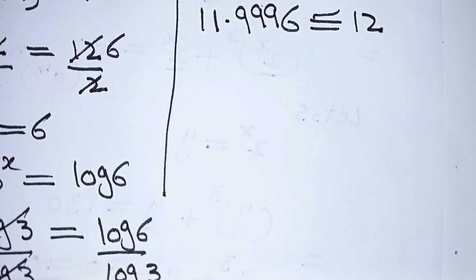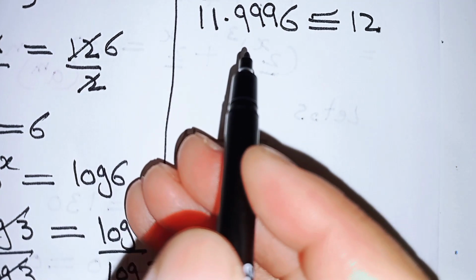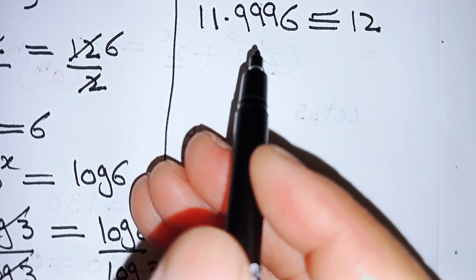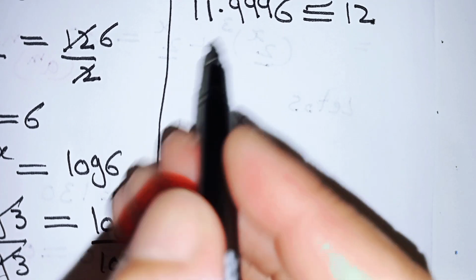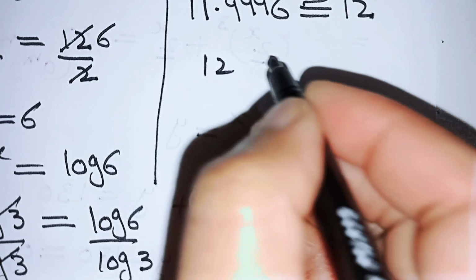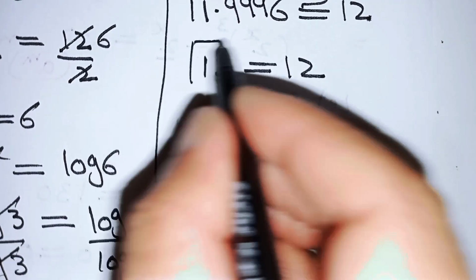And when we round off to one decimal place, it will be 12 is equal to 12, correctly verified.